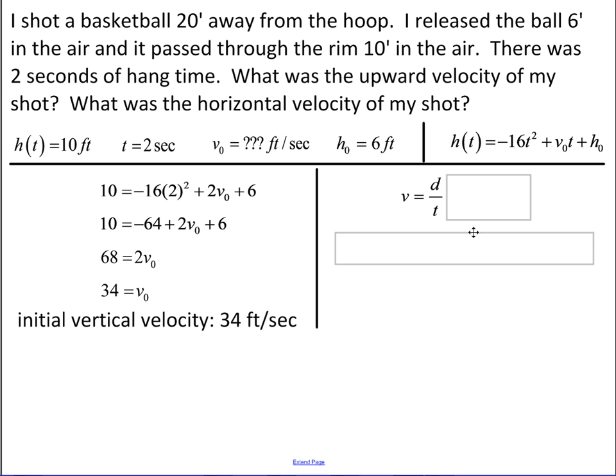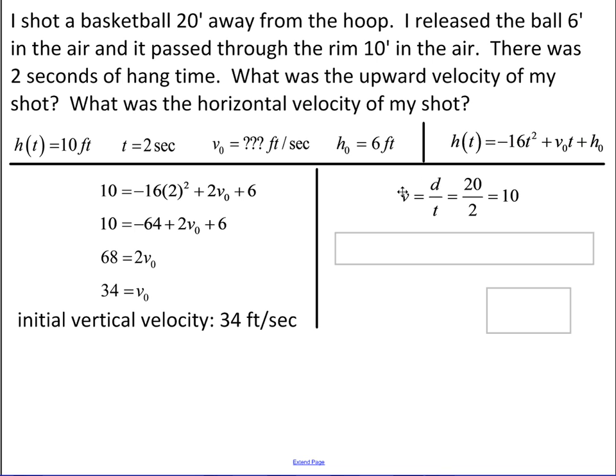In the case of this, we're going to use feet per second. So d, our distance traveled, is 20 feet because I shot a basketball from 20 feet away. The t here, still 2 seconds, is 2. So what we're saying in this case is that the ball traveled 10 feet for each second, which means that in 2 seconds it traveled 20 feet all the way from where I was standing to the basketball hoop.